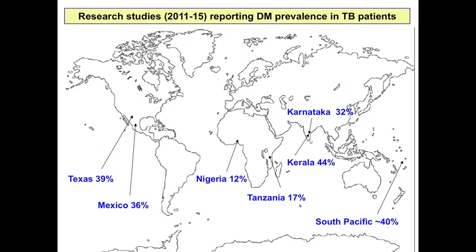So Texas, Mexico, high rates, 39%, 36%. Southern India, high rates of about 40%. In Kerala, Karnataka. And then in the South Pacific, you have a raging epidemic going on, where up to 50% of TB patients in that big region have diabetes.